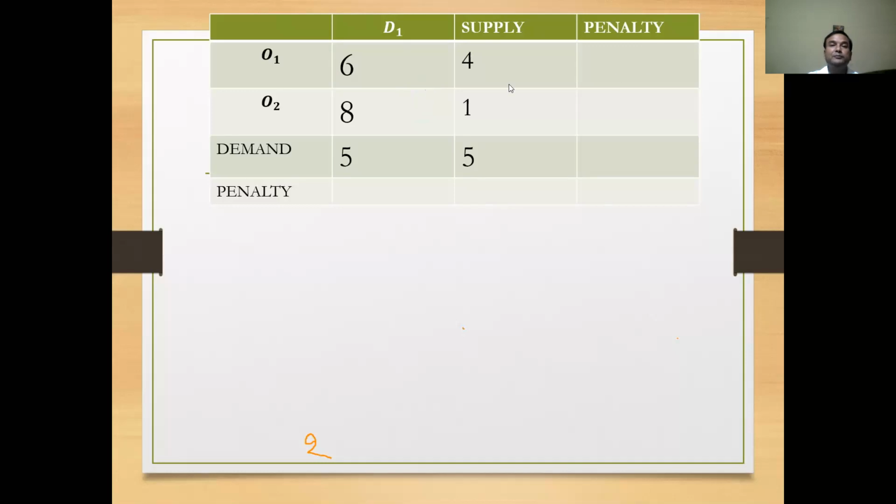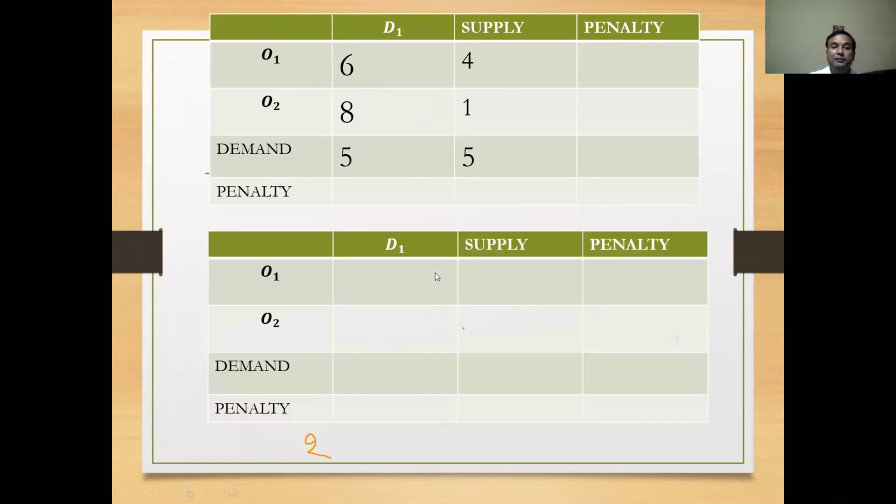We simply find the minimum cost first. Which one is the minimum cost? 6 is the minimum cost. Since 6 is the minimum cost, before that, again, let me erase these two.